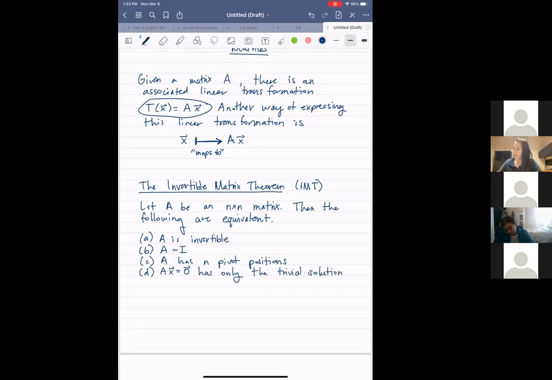Remember that was equivalent to the associated linear transformation being 1-to-1, right? We showed that a while ago. This is equivalent to saying that the columns of A are linearly independent.